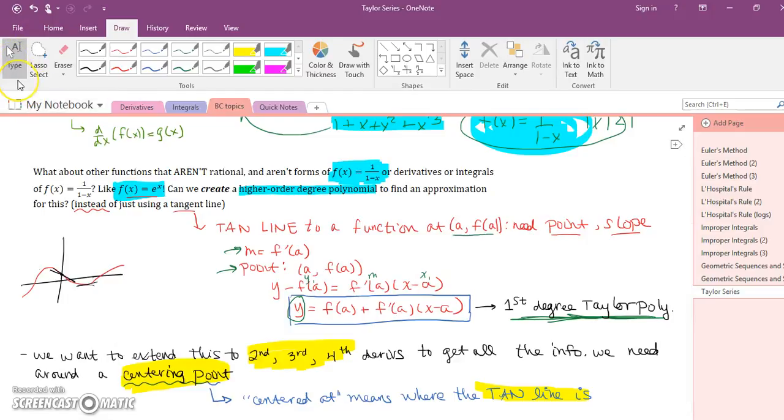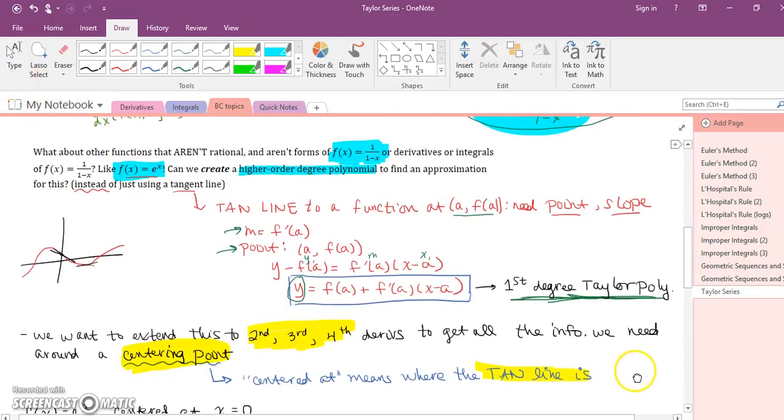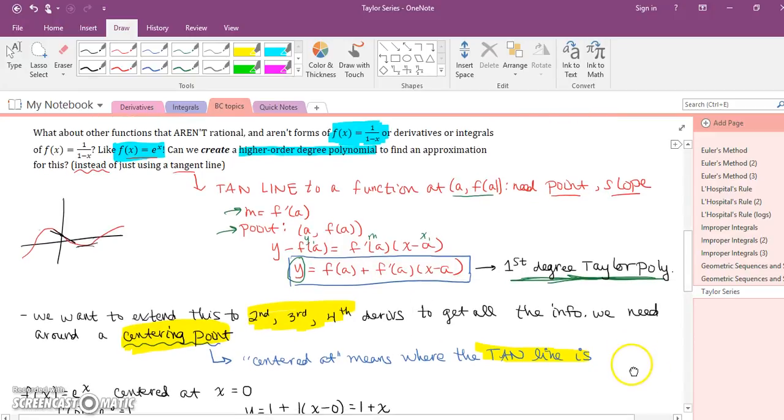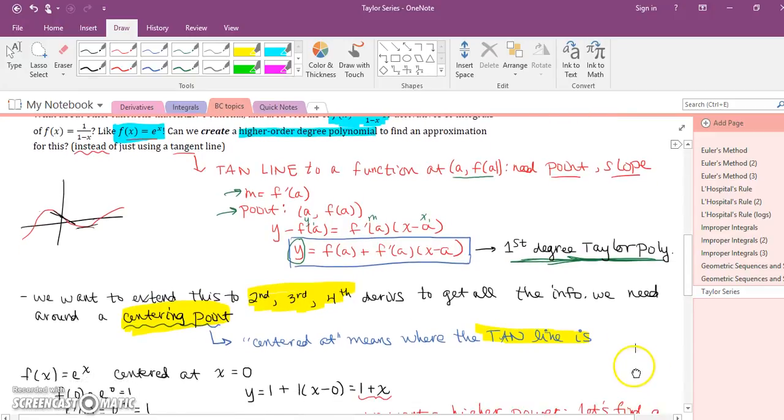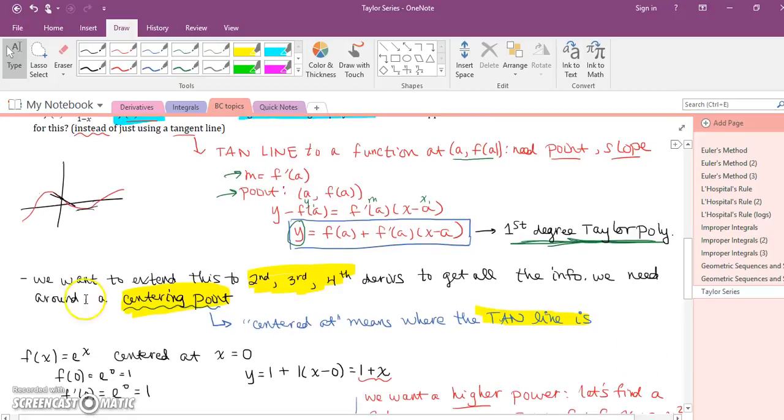We're going to start, like I said, at 0 for all of these, and then we'll start messing around with centering them somewhere else. So let's take f of x and let's center it at 0. So what we have here is, let's get a point and a slope. We're still just talking about tangent lines for just another second here. If I want to write a tangent line for e to the x, because remember we're focusing on e to the x for the first half of this video at least, I need a point and a slope. So a point, when x is 0, I need a y value.